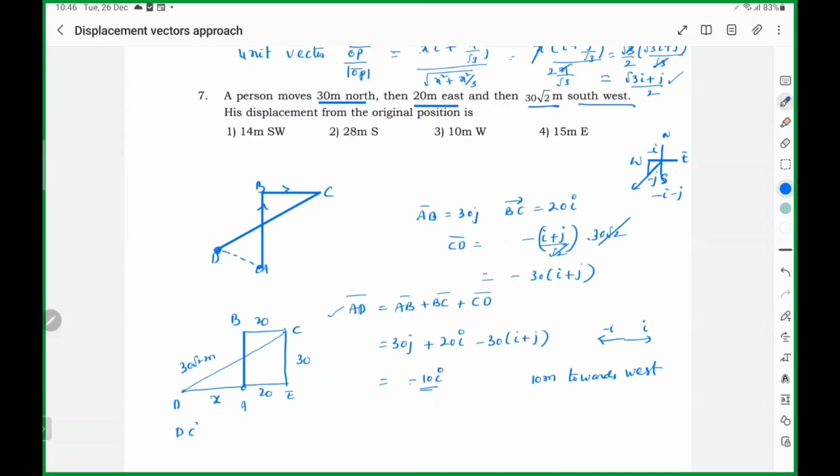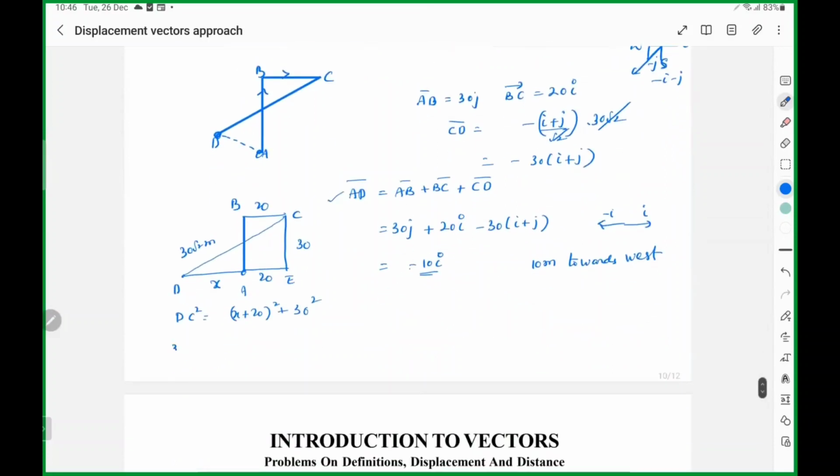So DC square is, by Pythagoras theorem, I will write, DC is 30 root 2 whole square. If you take 30 square this side, x plus 20 whole square is 30 square, root 2 square is 2 minus.